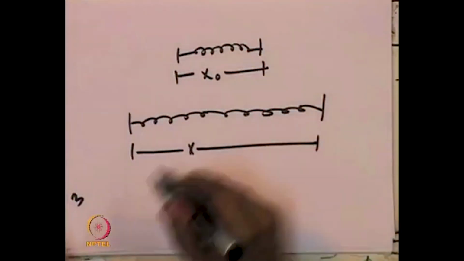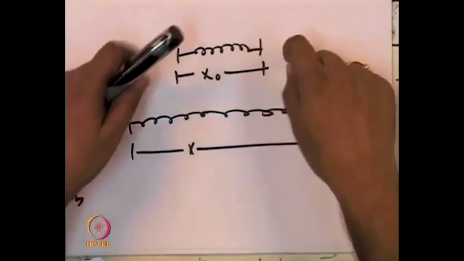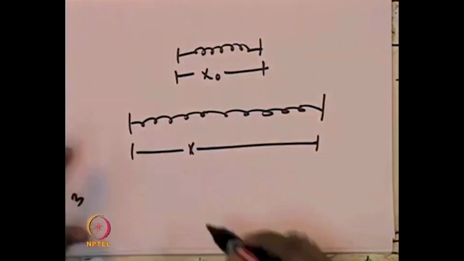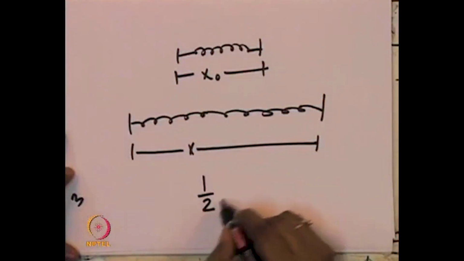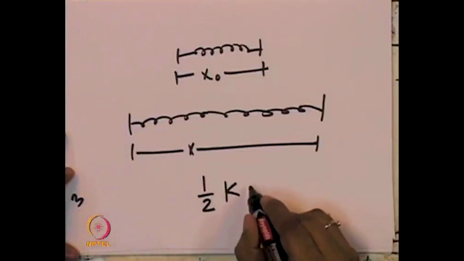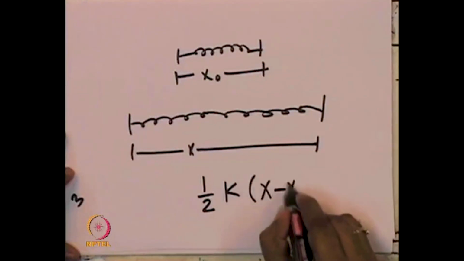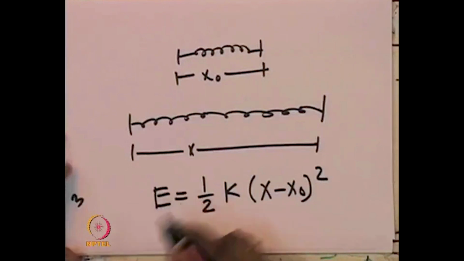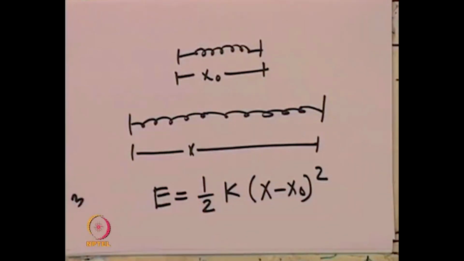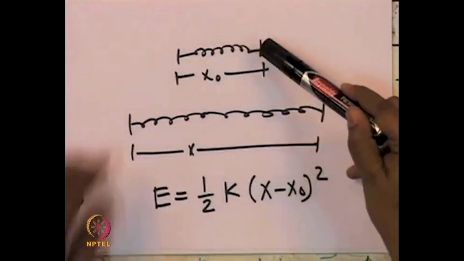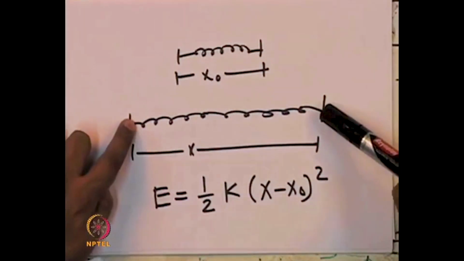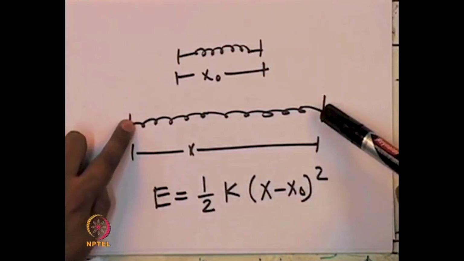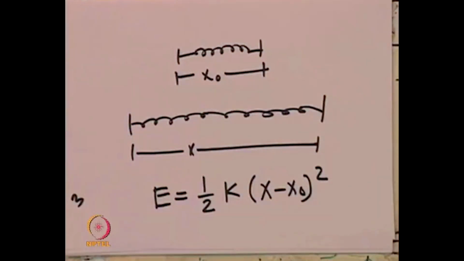So the energy for stretching this spring this much is half into k, the spring constant, times x minus x0 whole square. This is what it means. The energy needed to stretch a spring from this length to this length is half k into x minus x0 whole square.